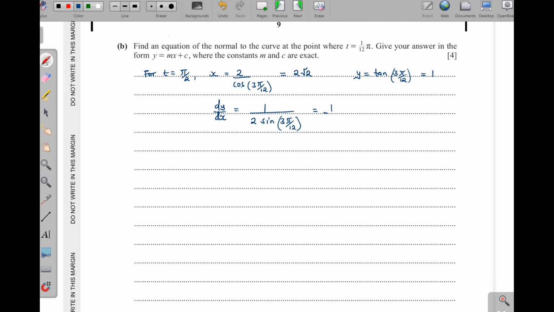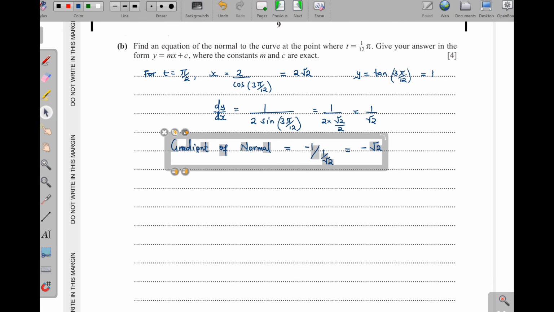So if we have 1 over 2, then times root 2 over 2, because 1 over root 2 is the same as root 2 over 2, this one will cancel that, and then you get 1 over root 2. Then the gradient of the normal is going to be equal to negative 1 over the gradient of the tangent.